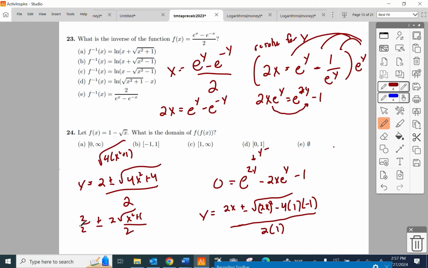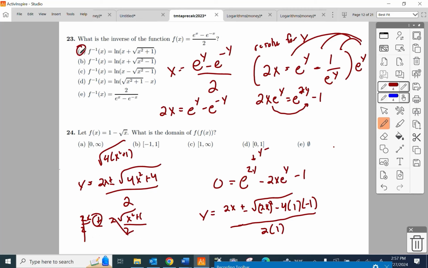They have an x, so it means I have made a mistake somewhere. Oh, I forgot my x. I have an x plus or minus this thing. It's going to be the plus, by the way. And inside the radical is x squared plus 1. They cancel. X plus root x squared plus 1.